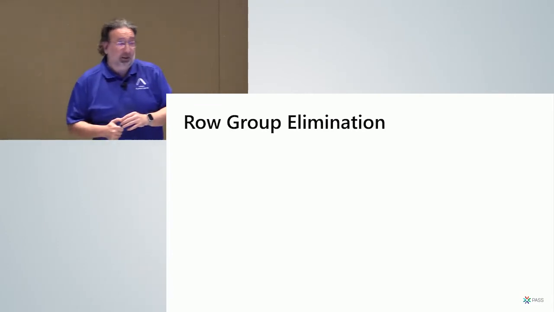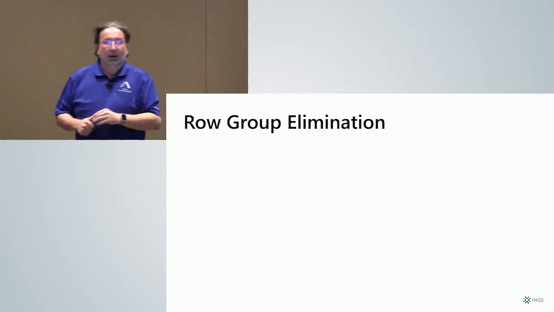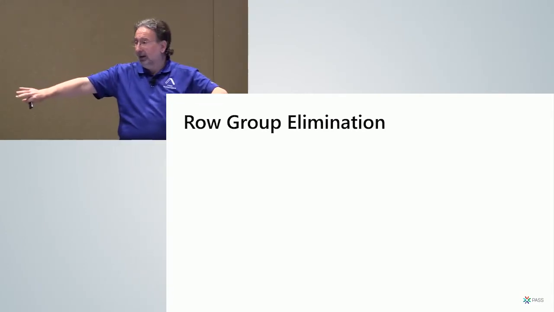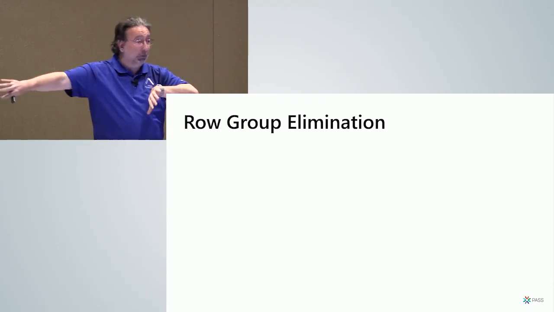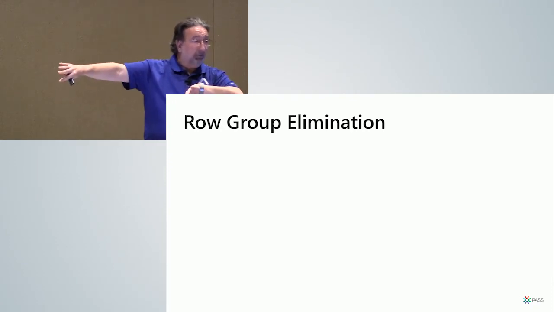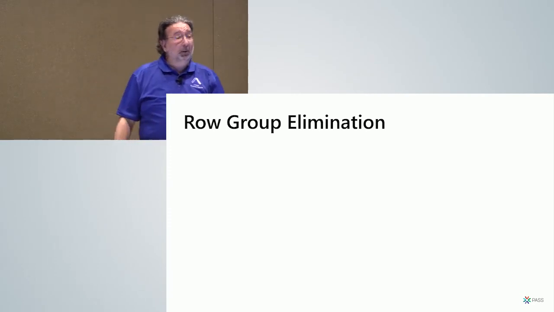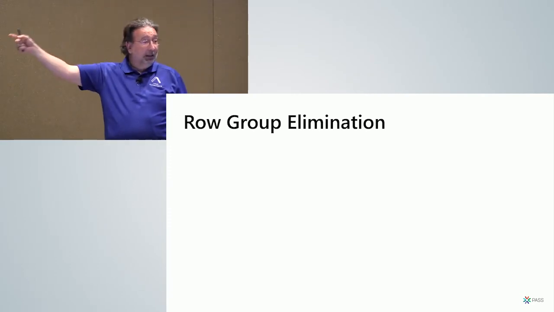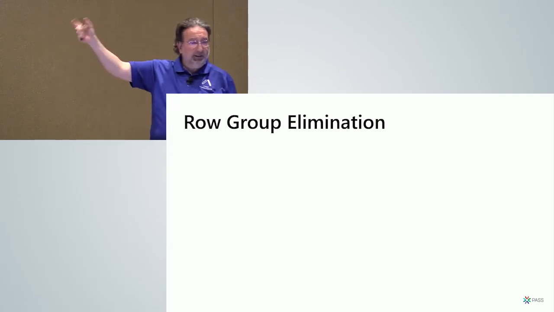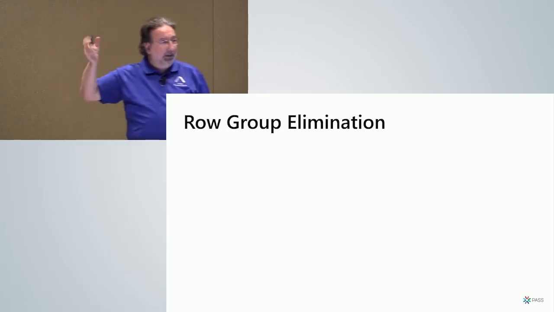So, row group elimination. We already talked about that you can wholly eliminate partitions. The whole partition goes away and doesn't even get looked at. But Microsoft came up with another clever idea. You remember that little table that's underneath it? They found an extra 16 bytes there to stick it in.